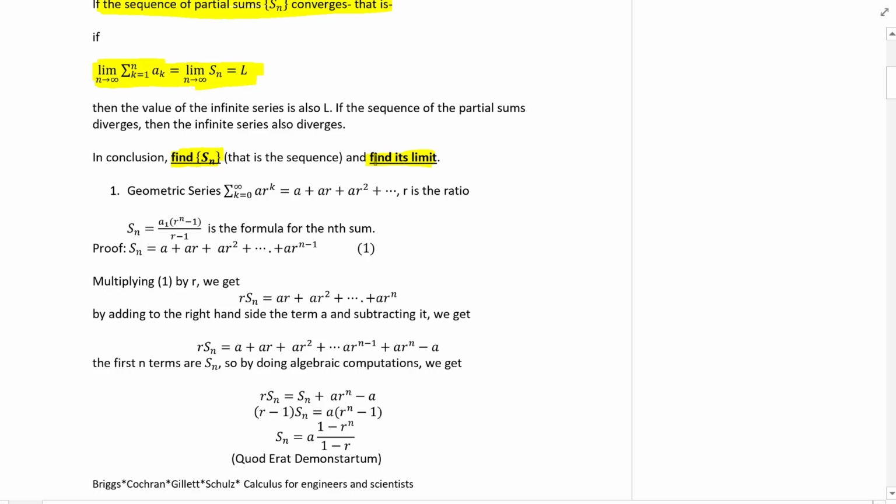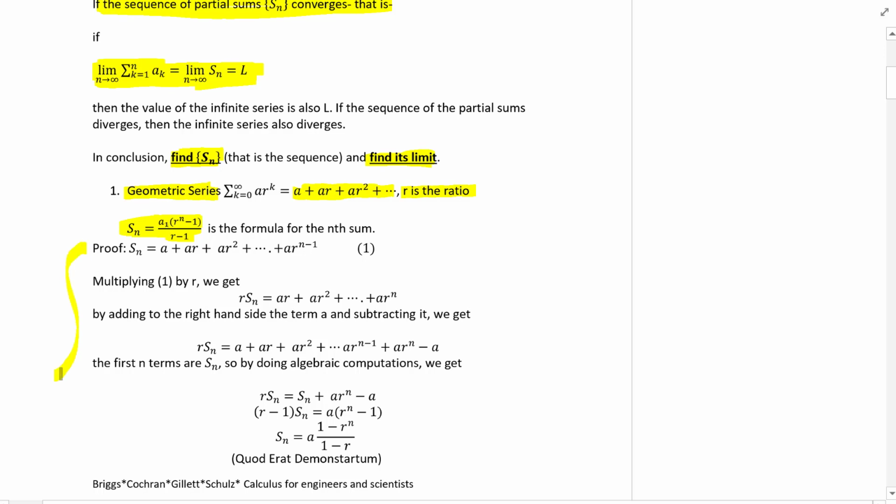A few important or popular series: geometric series, which have this format a plus a times r plus a times r squared plus dot dot dot, where r is the ratio, has the sum, if you remember, the first term times the ratio to the number of terms minus 1 over r minus 1.